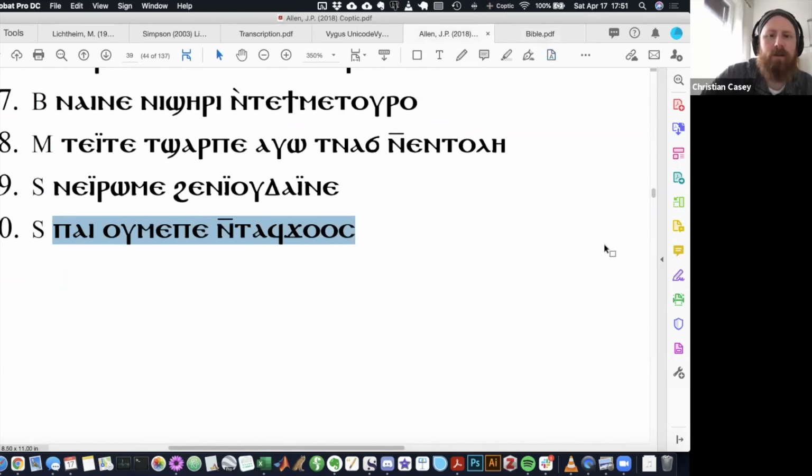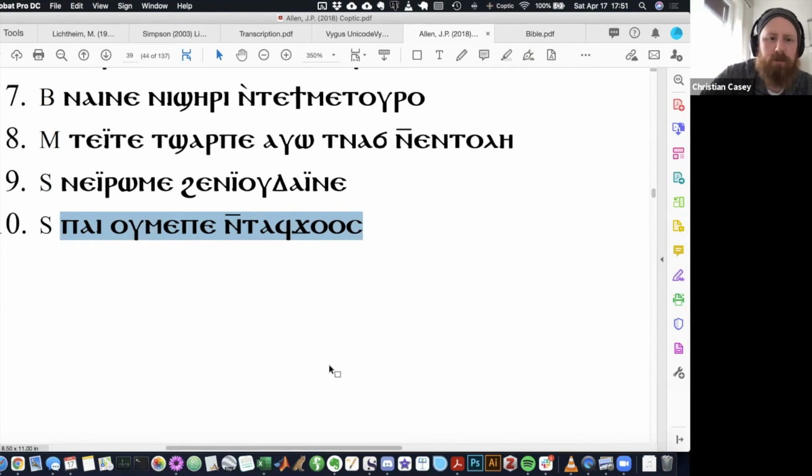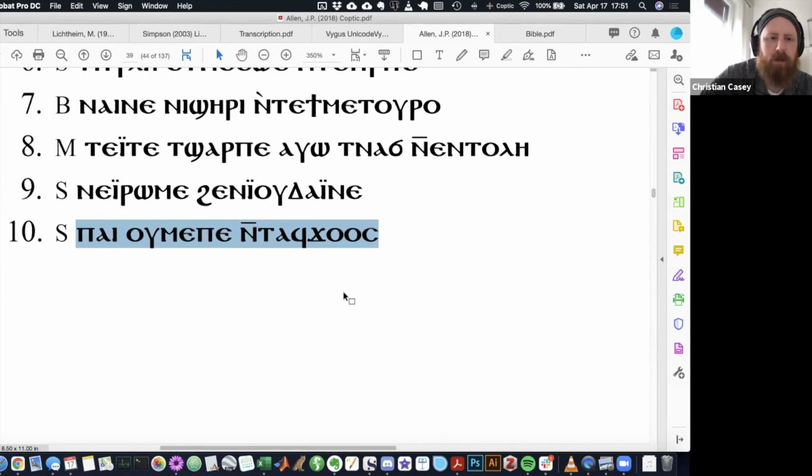Somebody has collected a bunch of examples to argue that there is a general tendency for that. I don't remember who wrote that, but obviously somebody really digging deep into the intricacies of Coptic. So I think this is an exception to that rule.